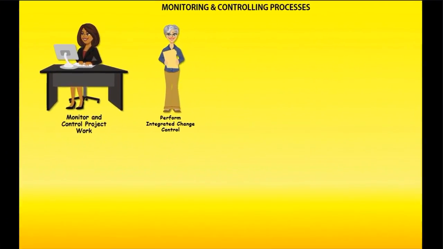Now, all of this information should be put into a change log when that final decision is made, and that change log should capture what the final decision was and why that decision was made. So this is a very important process. In fact, many questions on the PMP exam revolve around perform integrated change control.